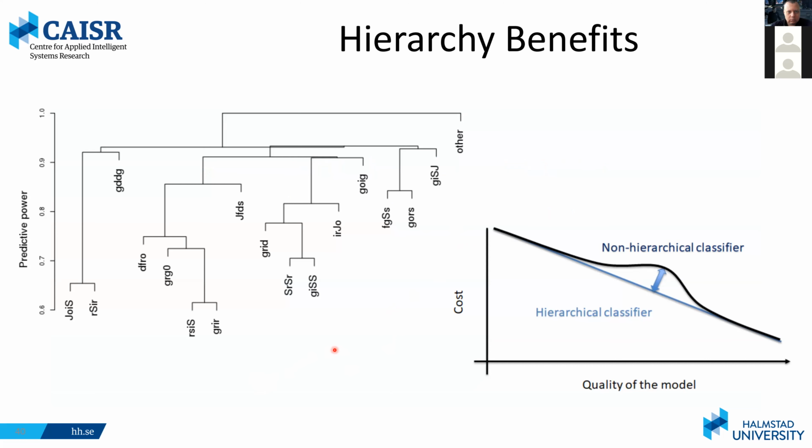So here is an example of this kind of hierarchy, right? It can either be balanced or not necessarily balanced. It can be binary or anything else. So here is a binary one, but not balanced. Basically, at any step, you are making a decision between subsets of your classes.